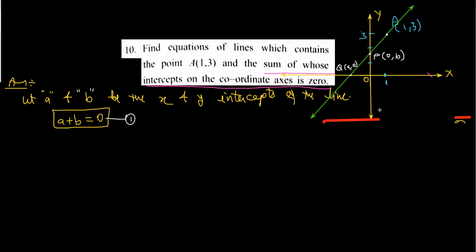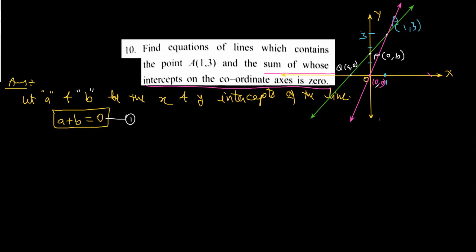If the line is passing through the origin, once again the x and y intercepts, if you add them, will be equal to 0. You can check. Let me have a line here which is containing A(1, 3) and going this way. See, this line is passing through A(1, 3) and it is passing through the origin (0, 0).